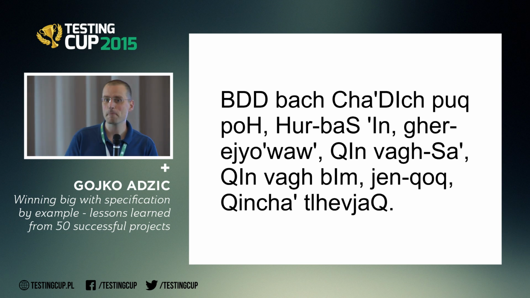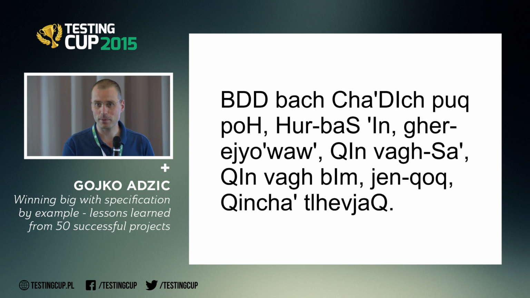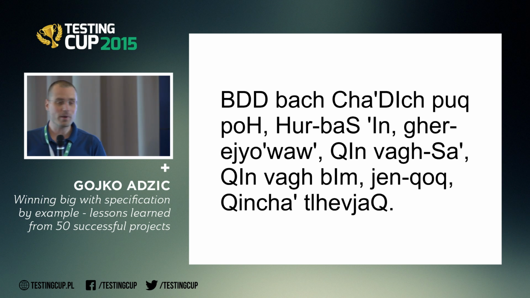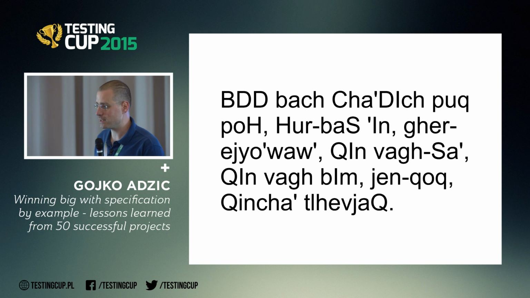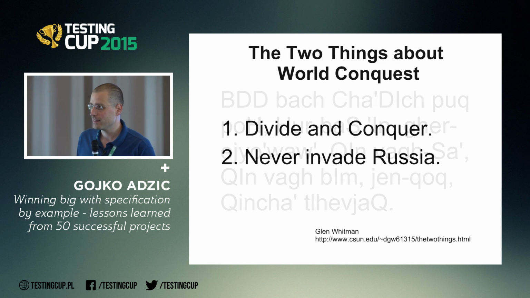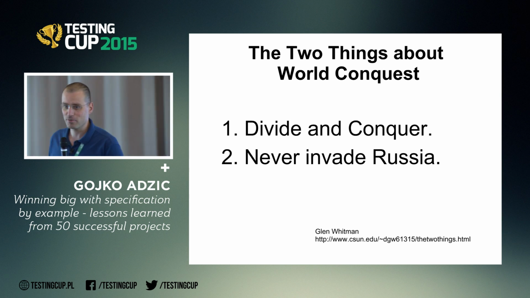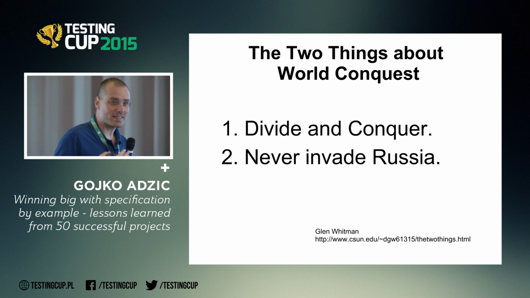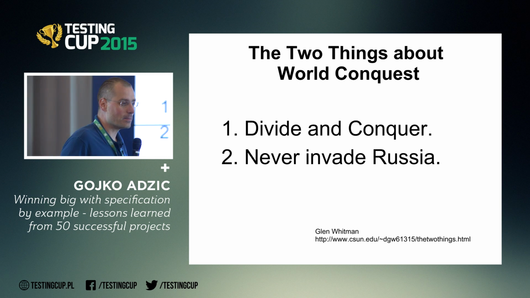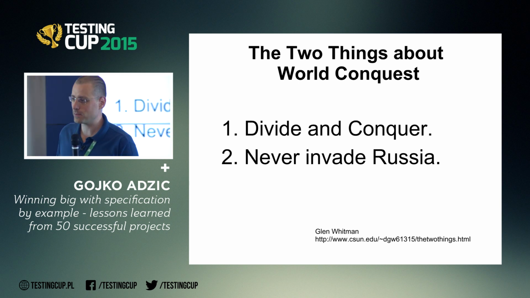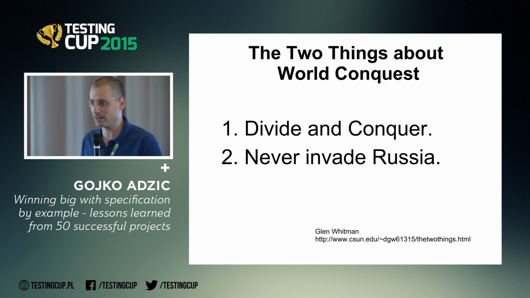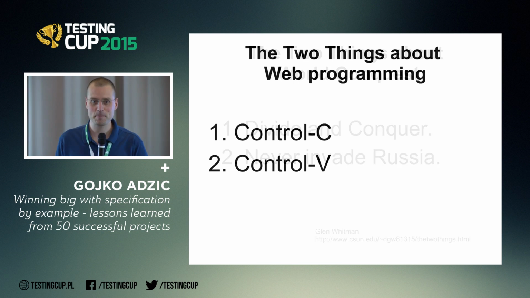That's amazing, there's a whole website where people have collected two things about almost anything. One of my favorite descriptions is two things about world domination that pretty much involves what everybody knows. There's another really brilliant one on that website, two things about web programming, that perfectly summarizes all my bad experience with web developers.